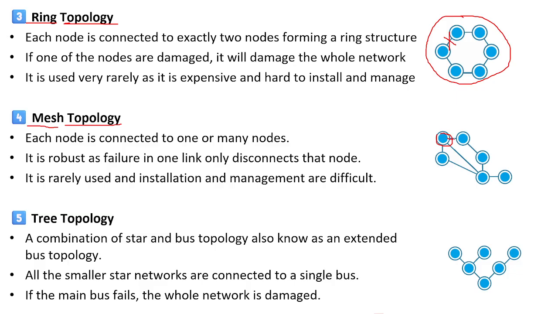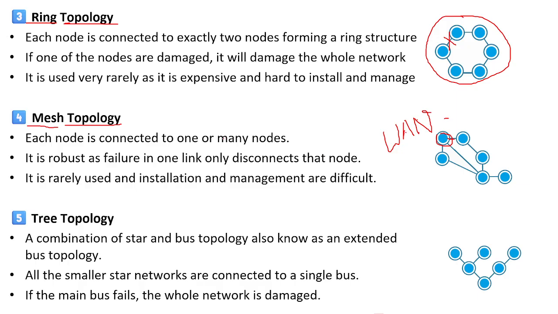It is robust, as one node failure does not affect the rest of the system. The main disadvantage it has is that installation and management are difficult, as it has a complex structure. It is mainly used in WANs, that is wide area networks, and we know that the global wide area network is our internet. So that's the most practical application of the mesh topology.